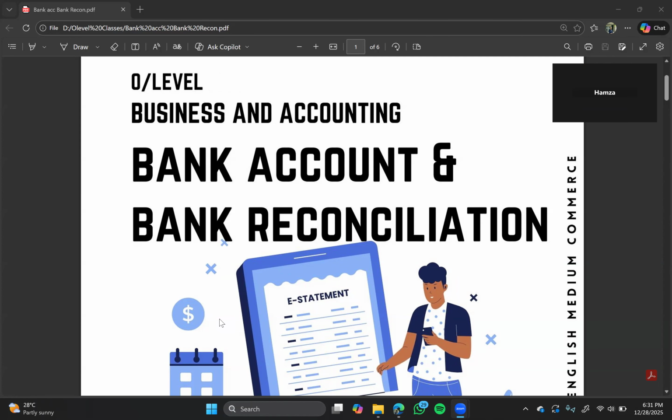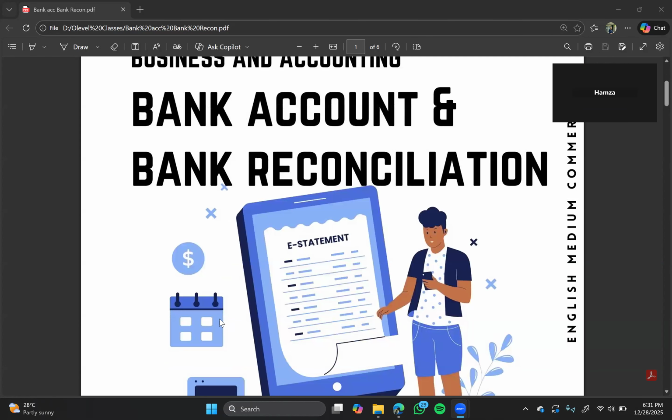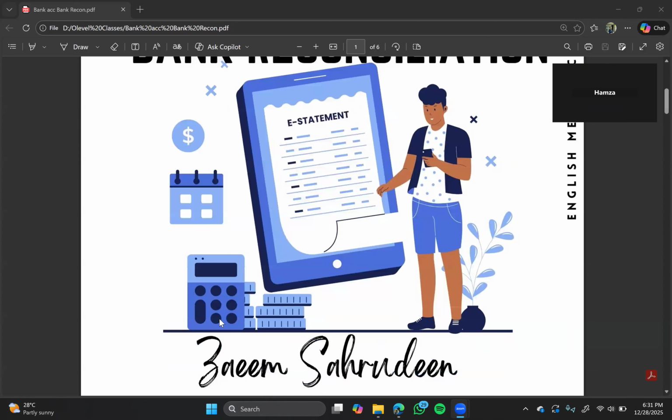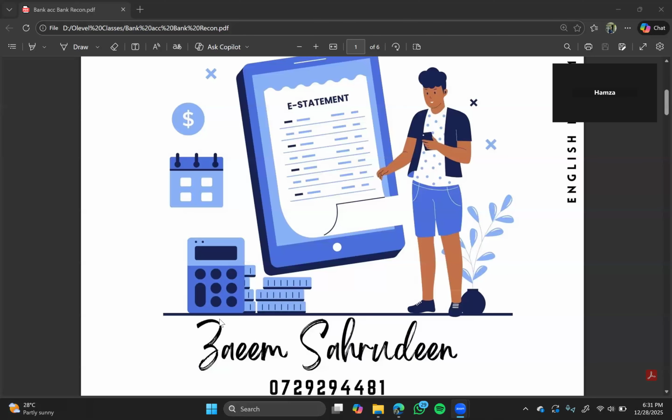Now, when it comes to the bank account and the bank reconciliation statement, I will first tell you how the process works. When it comes to businesses, there is a main cashier.